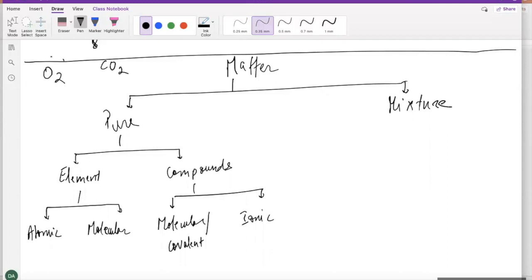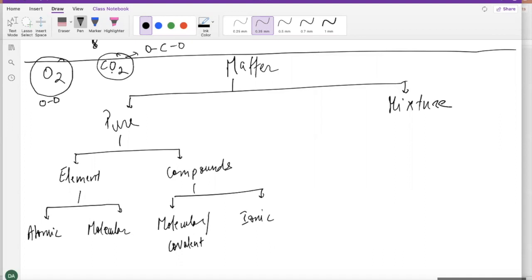Do you see that oxygen is made up of only O, one oxygen connected to another oxygen? Whereas CO2, carbon dioxide, is made up by a combination of carbon and oxygen. CO2 has carbon in the center and oxygens next to it. So it's made up of a carbon atom and oxygen atoms. Two different elements combine to make CO2.